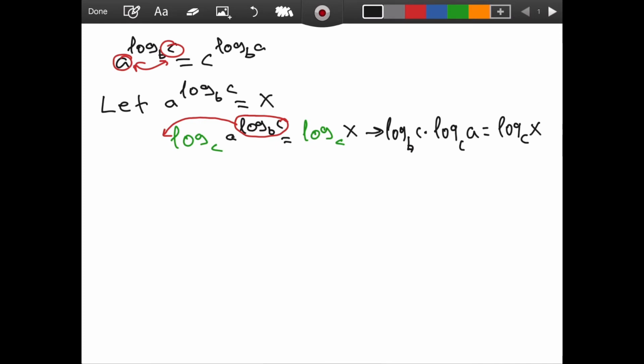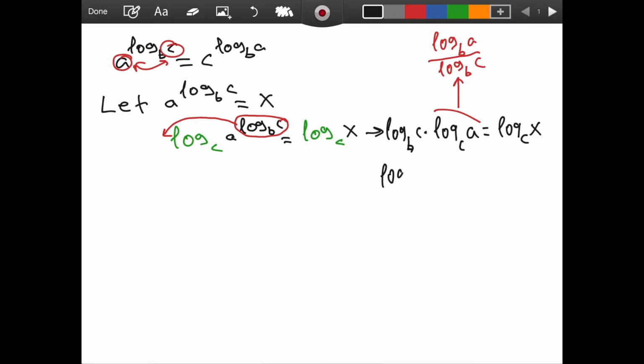This is where we will benefit from the change of base formula, because we know that from the formula log base c of a can be written as log base b of a divided by log base b of c. So we will write this instead of log base c of a.